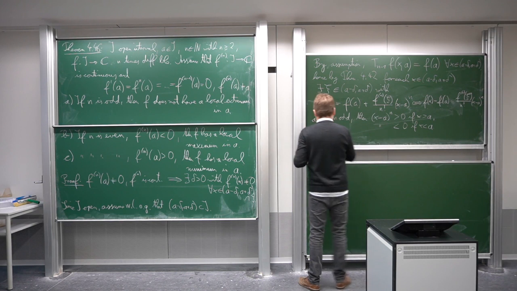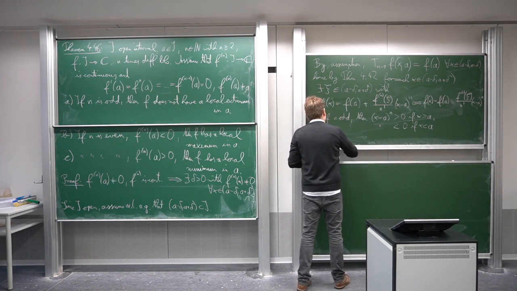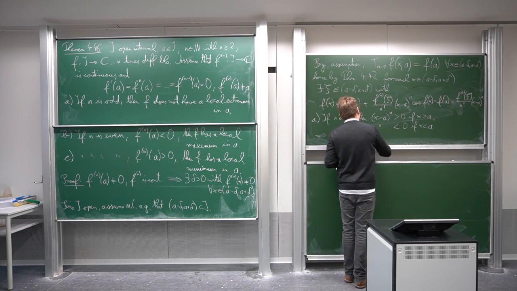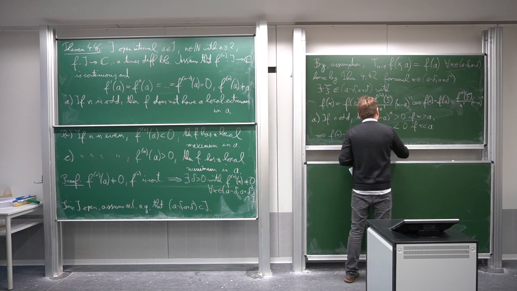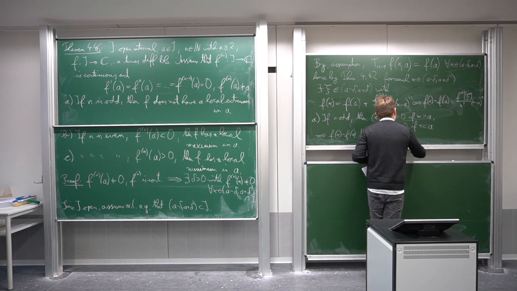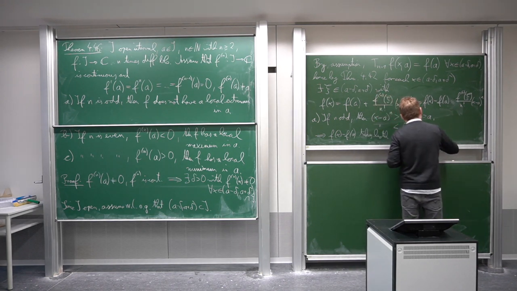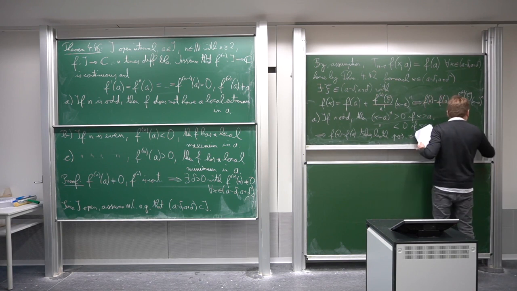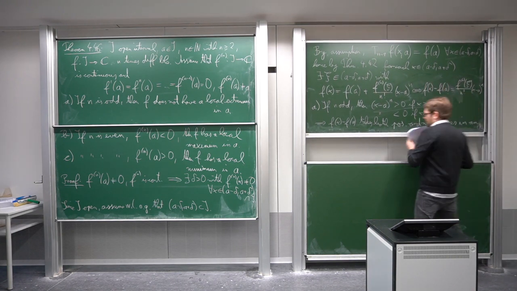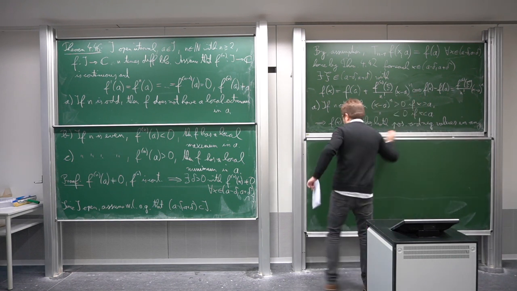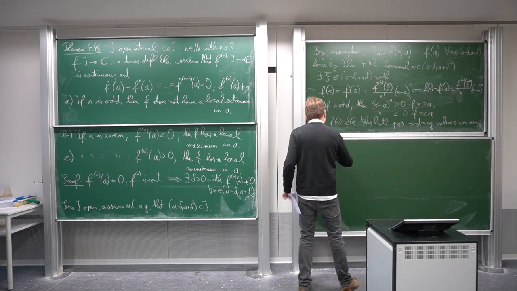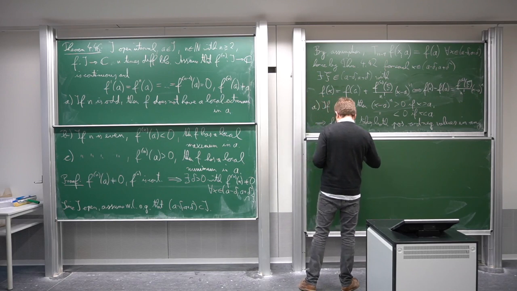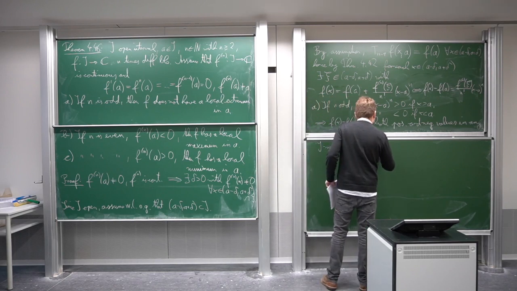So it means that the left-hand side, f of x minus f of a, takes both positive and negative values arbitrarily close, and this means formally in any neighborhood, with respect to the domain I, in any I neighborhood of a.